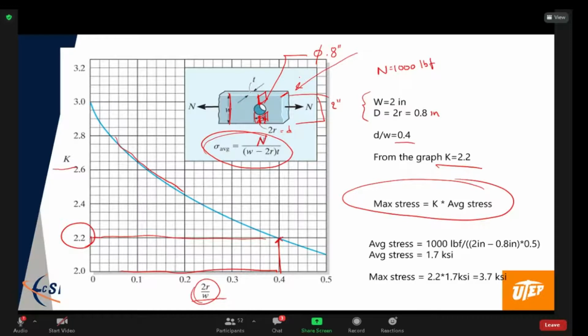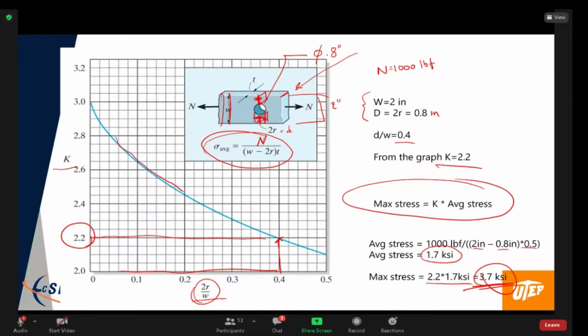W is 2 inches, 2R is 0.8 inches, and the thickness is 0.05 inches. That tells you that the average stress is 1.7 KSI. But the peak stress is going to be the stress concentration factor times that, 2.2 times that. So the actual peak stress you see here is 3.7 KSI. So it's quite a bit larger.